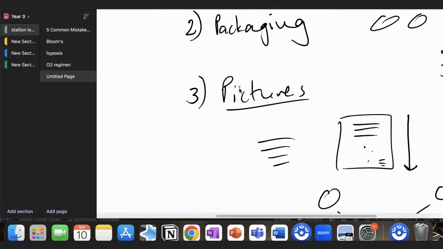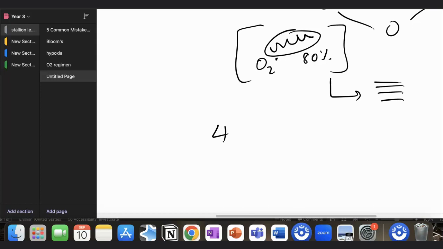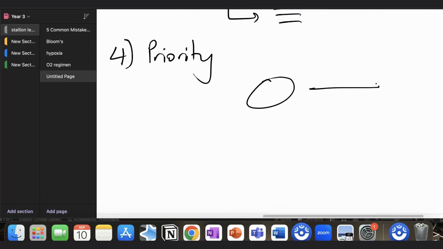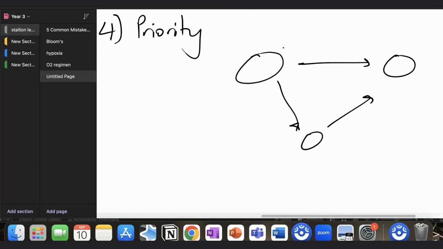So placement, packaging, picture. Another one as well is priority. Priority between what? Well, priority between certain topics. Instead of just having normal arrows for everything, let's say if I wanted to make it so clear to someone that one topic is very important to a main idea, I could just make this thicker.